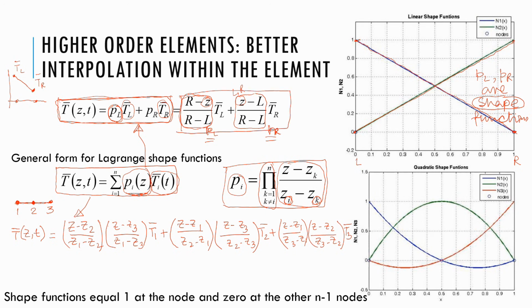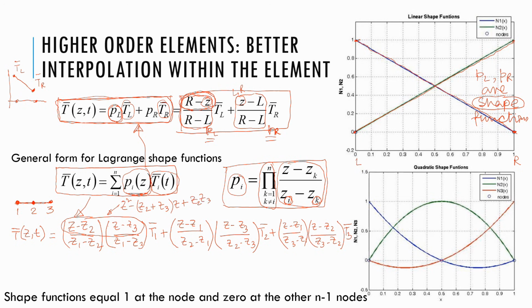Okay, so what is the difference? The difference is, instead of the interpolation function being linear, here it's quadratic, because if you multiply these two terms, you get z squared minus (z2 plus z3) times z plus z2 z3.